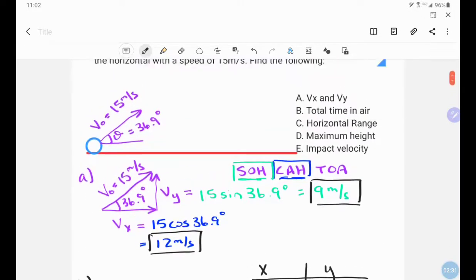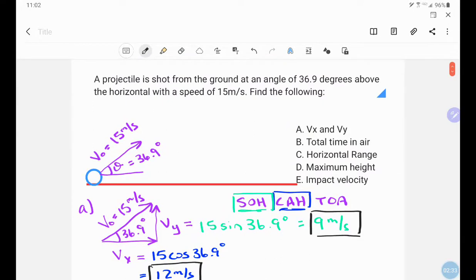Now, let's go back to our picture for a moment. So I need total time in air, but if I'm careful, at the top of its motion, I know Vy is equal to 0. And I know, guys, that this here is half the motion. And as a result, also half the time.